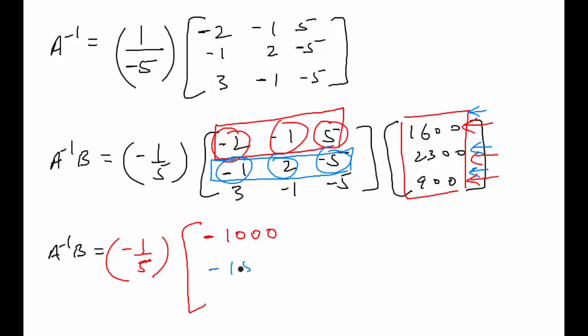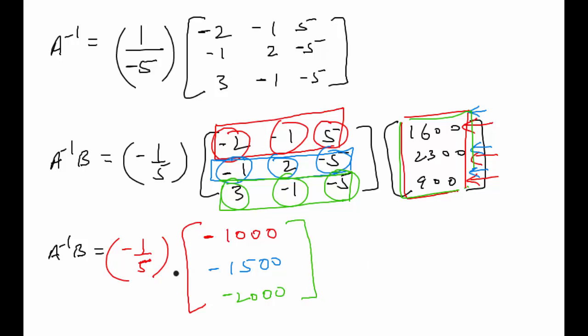This will give us minus 1500. Okay, similarly if you take the third row and multiply it with the first column, I will get the element belonging to the position third row first column of the resultant matrix, right? So here again 3 has correspondence with 1600, minus 1 has correspondence with 2300, and minus 5 has correspondence with 900. This on calculation gives us what? Minus 2000.